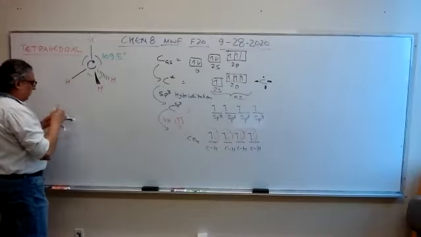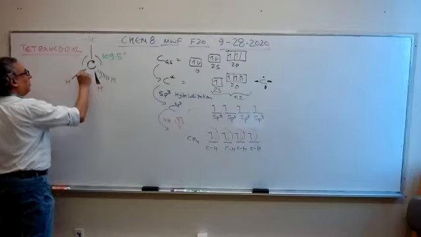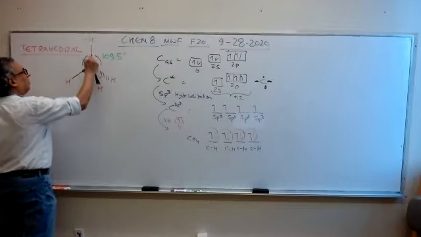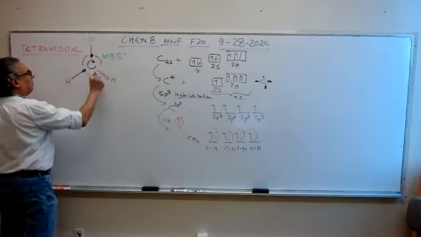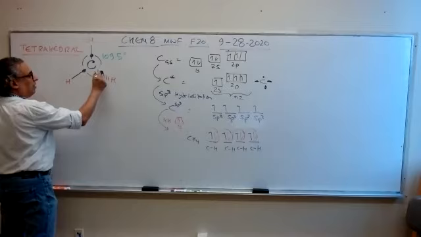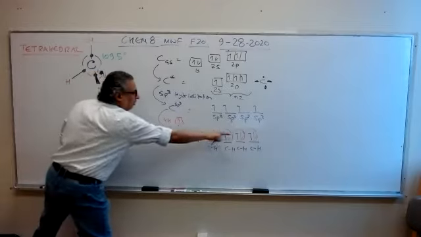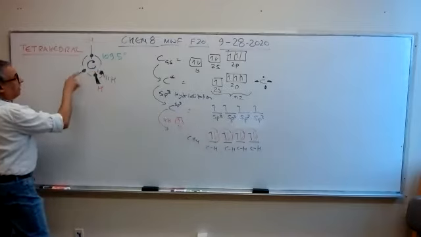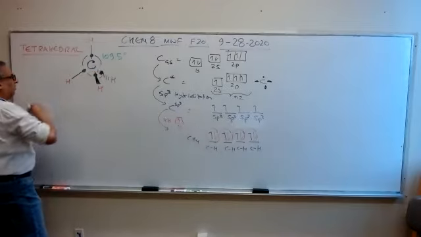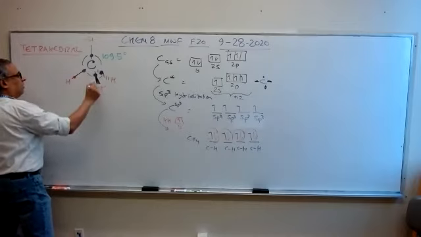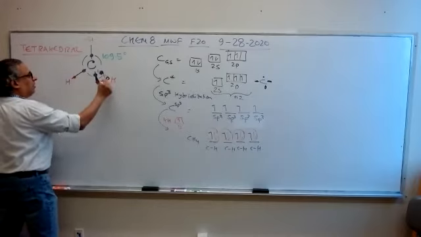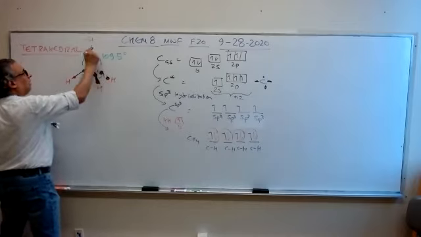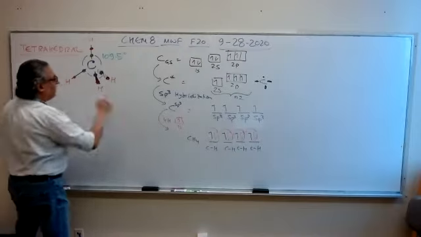So this electron, this electron, this electron, and this electron, they're the 4 hybrid orbital electrons. Each is an sp3 orbital. And this electron, this electron, this electron, and this electron, they're coming from 4 hydrogens, they're all 1s.